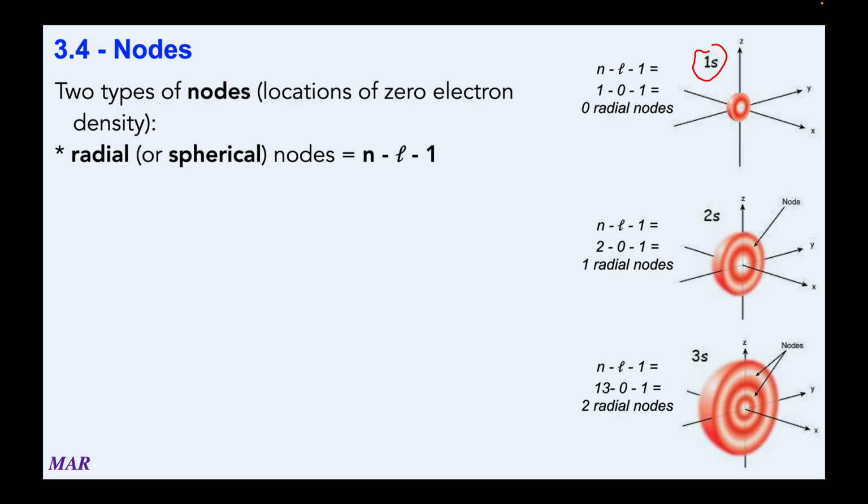But when you go to the lower one, 2s, now n equals 2, L still equals 0. 2 minus 0 minus 1, 1 radial node. And you can see in the middle there's kind of like a white sphere. That's the node. It's an area where you can't have any electron density, so you won't have any bonds form right there. And you can keep going, 3s and so on.